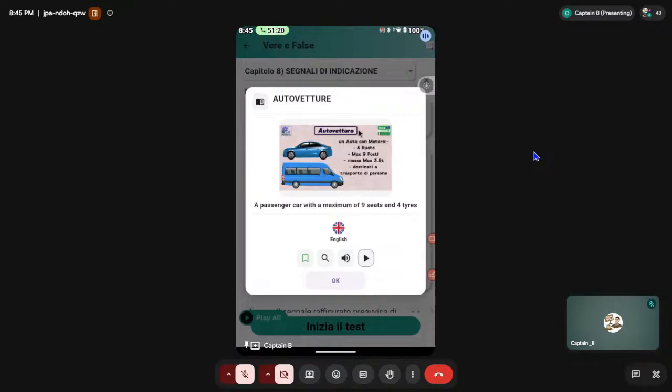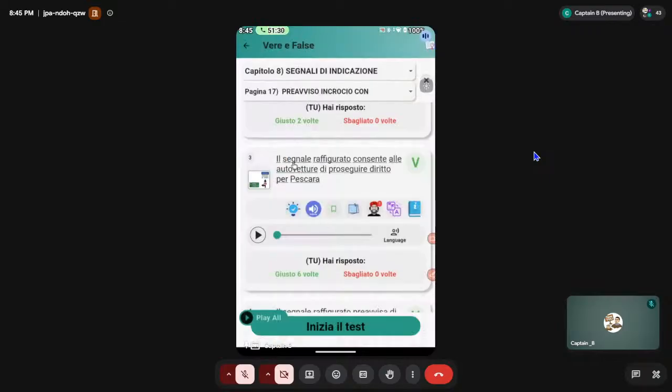It's also known as autovettura, and they have no less than 4 tires, at least 4 tires, and be autovettura. All right, is this how they refer to it? So he allows, which is consente, autovettura di proseguire diritto per Pescara. Yes, it is true, è vero.